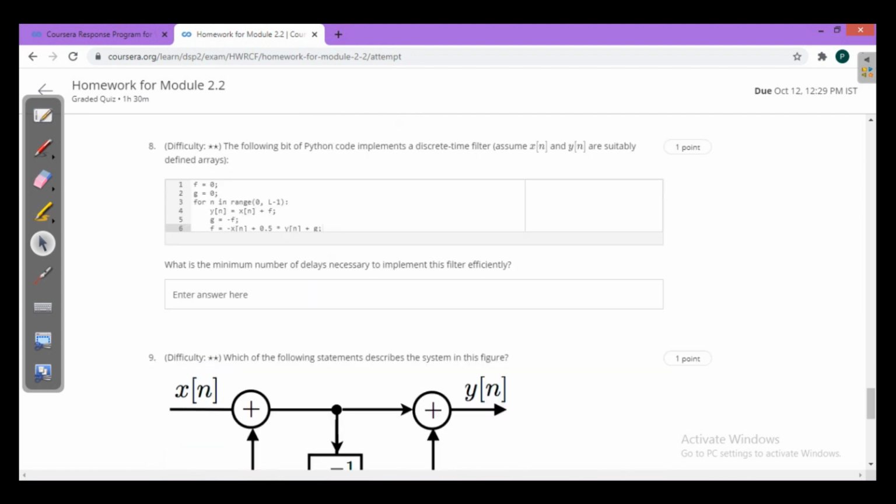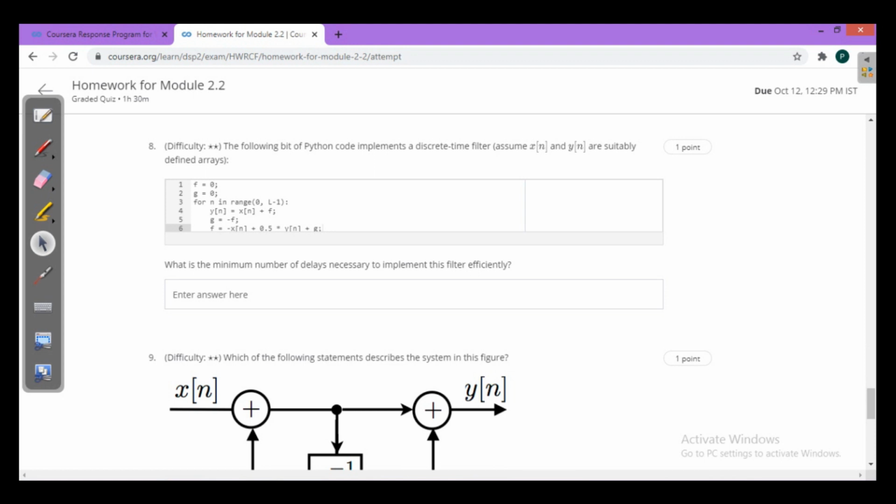Next, eighth one. The following bit of Python code implements a discrete time filter. Assume x of n and y of n are suitably defined arrays. Here the 6 lines of code are given. What is the minimum number of delays necessary to implement this filter efficiently?